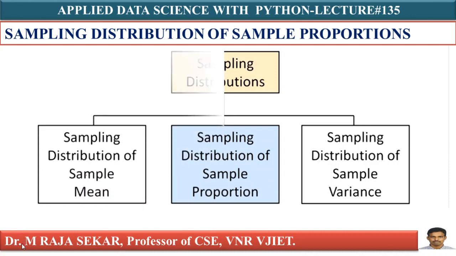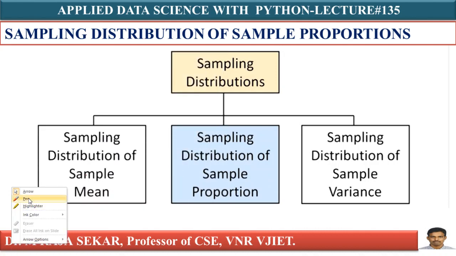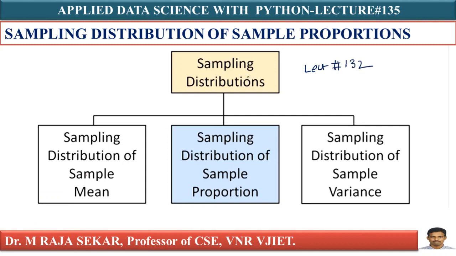Before understanding this lecture, I request you to go through lecture number 132, in which I discussed this particular diagram. It says there are three types of sampling distributions. First is the sampling distribution of sample mean. We already completed this.